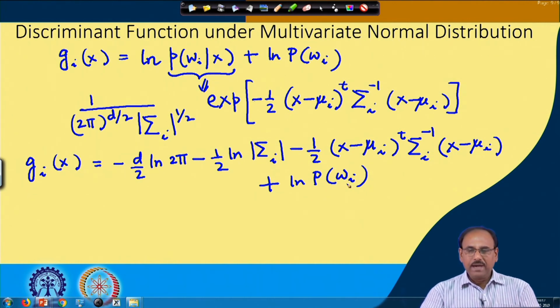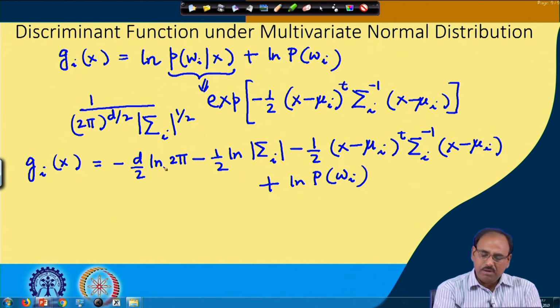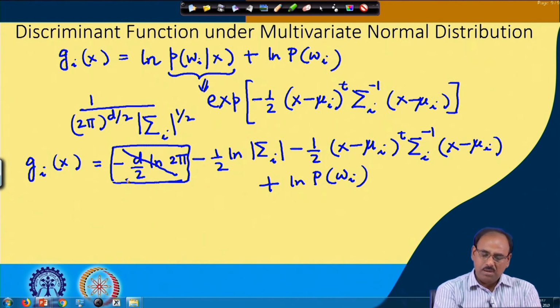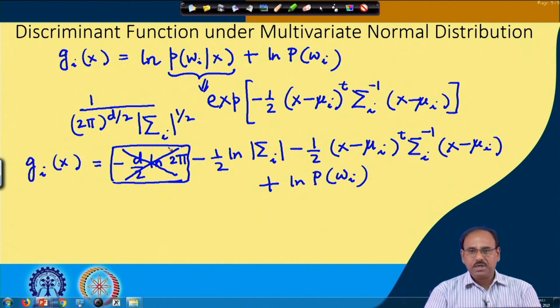From here, you find that d by 2 log of 2 pi, this particular term is independent of the class, because there is no term like subscript I over here. So, this minus d by 2 log of 2 pi does not differentiate between an ith class and a jth class. So, easily I can conveniently ignore this term.